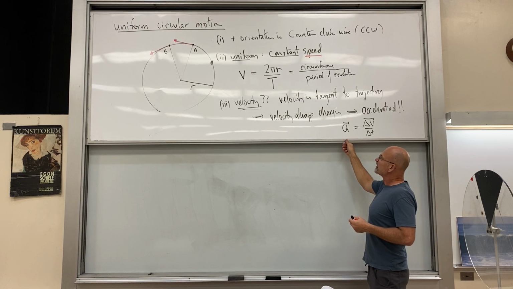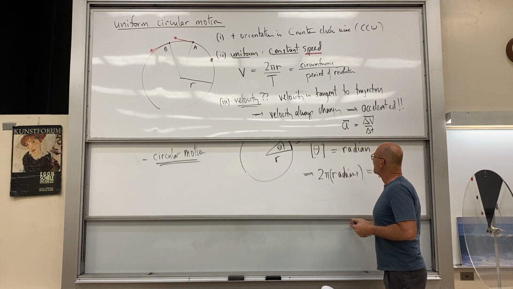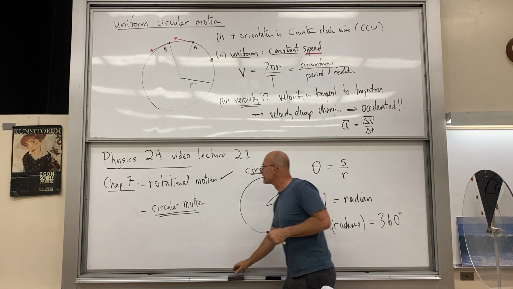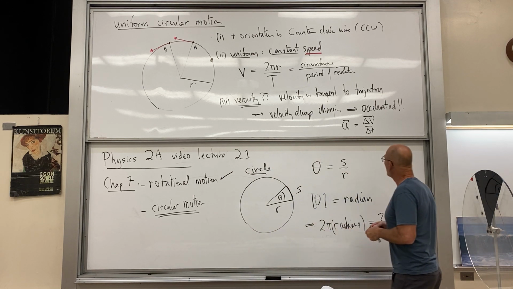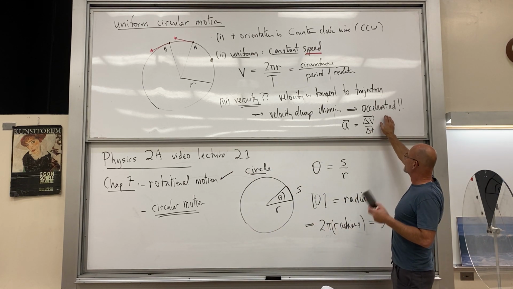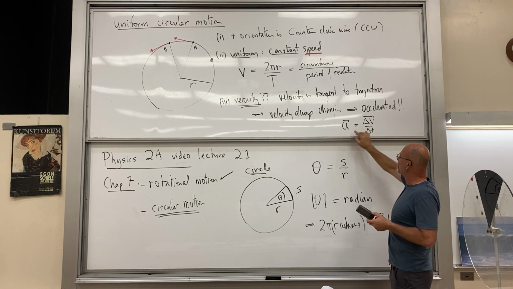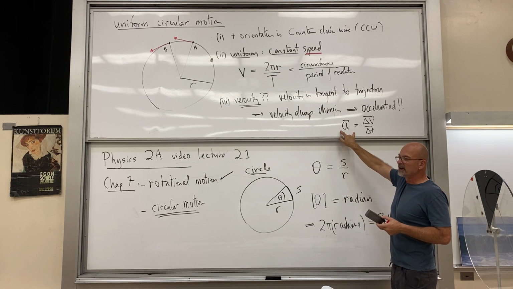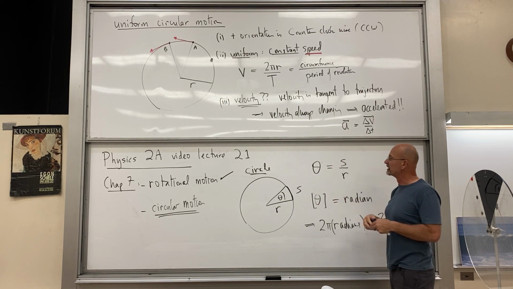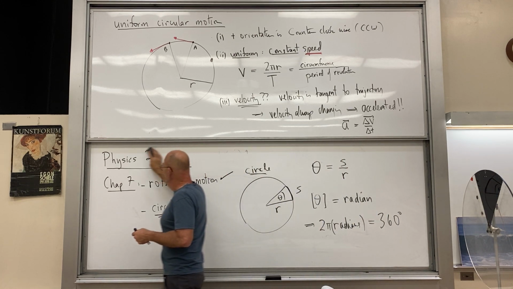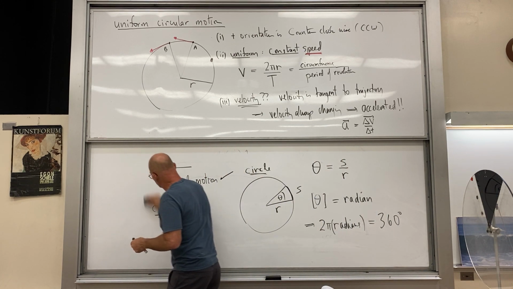So our next task is to figure that out. Because now we have a clear fact it's an accelerated motion, but what do we need to know about this vector? We need to know its direction and its magnitude.